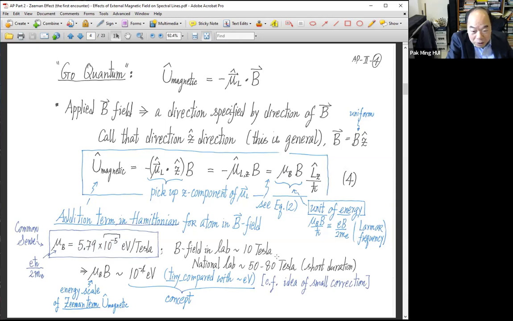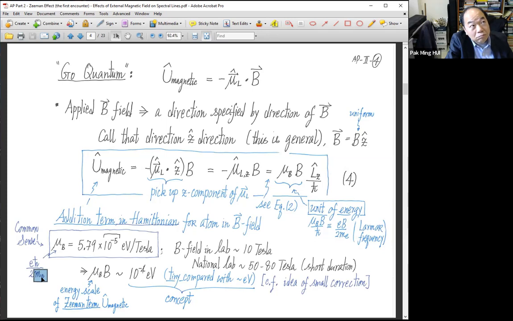And then a byproduct is as follows. Now this is the Bohr magneton. You know there's something called nuclear magnetic resonance, right? In nuclear magnetic resonance, this mass is no longer the electron mass, but you take it as a proton mass. In a nucleus, there are many protons, and the proton mass is much bigger than the electron mass, right? Maybe 10,000 times of that order.